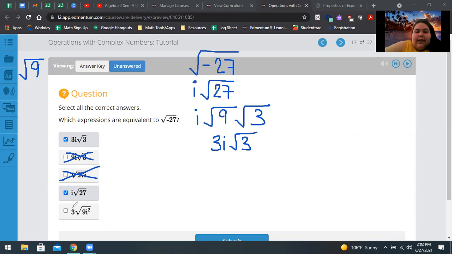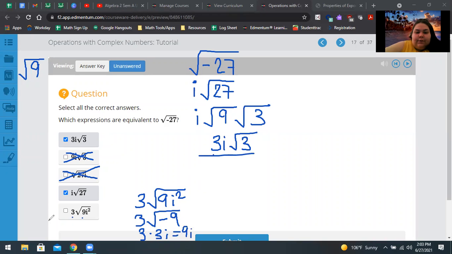Here, they have a 3 on the outside, which we do here, but the inside has a square root of 9. If you were to simplify this one, 3 square root of 9i squared, remember, i squared is represented as negative 1, so then you can say 3 times the square root of negative 9, which is 3 times 3i, which is now 9i.